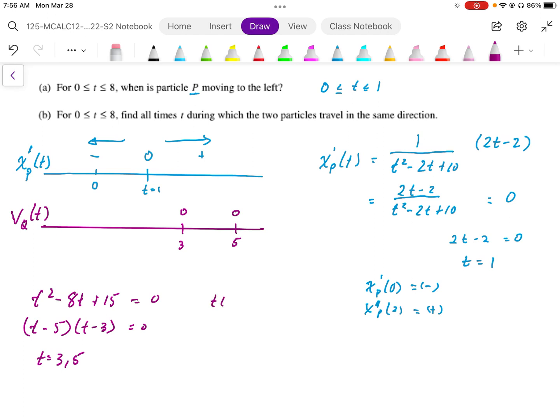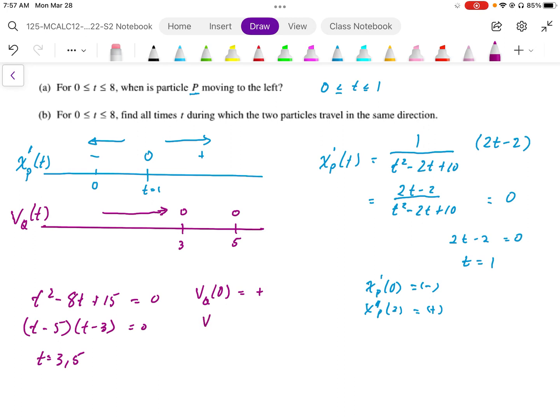So the v function, v of q at 0: when we plug 0 into that, I'm going to end up with positive, so I know I'm going to the right in this direction.